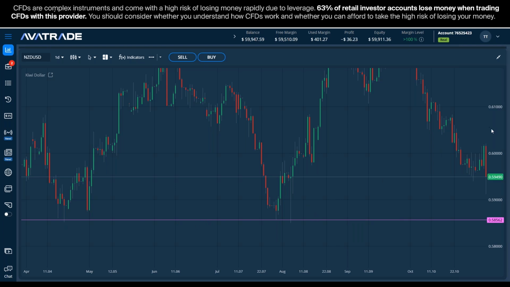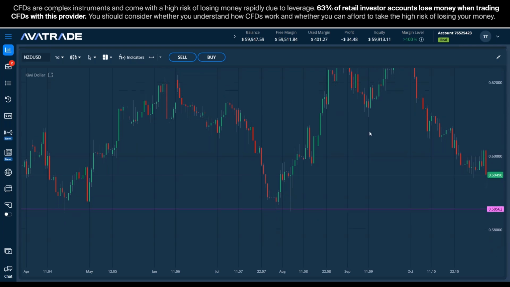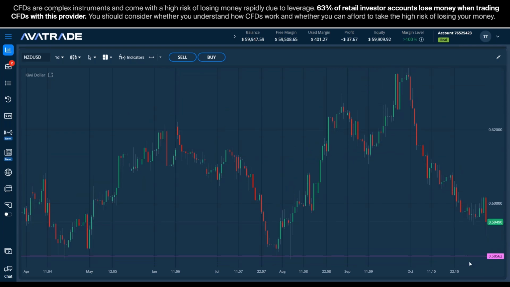But still, you'd have a good ratio here if I put my stop loss below this support and my take profit up near this type of resistance. Okay, this is a nice resistance level that it plunged from, but these are one-day candles. This is a large number of days away.